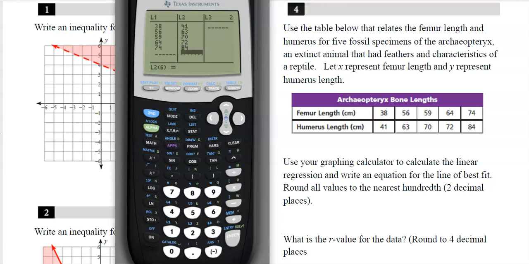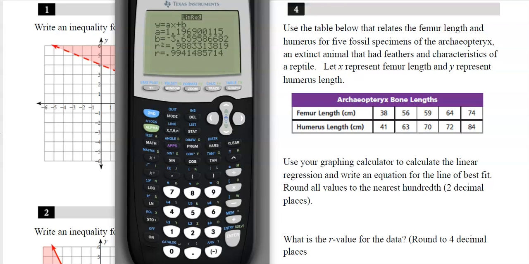Enter. All right, got my numbers in, so I go back to stat. I want to go over to calc, and I want to go down to linear regression and hit enter, enter, enter, enter, enter, enter. Boom.